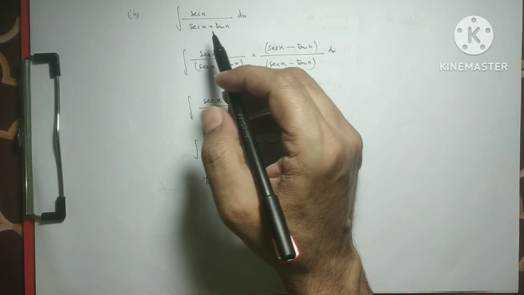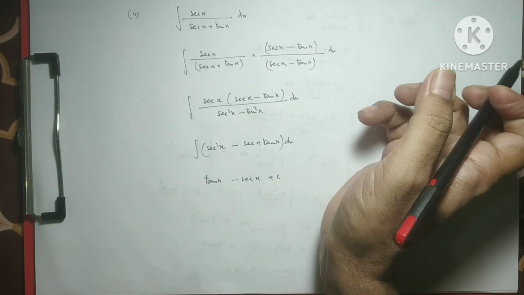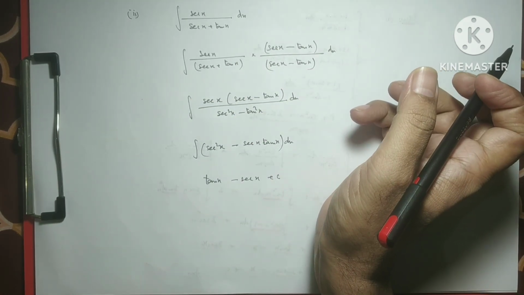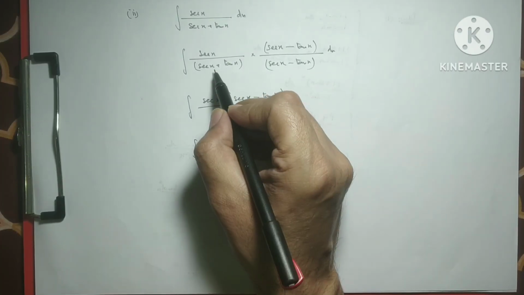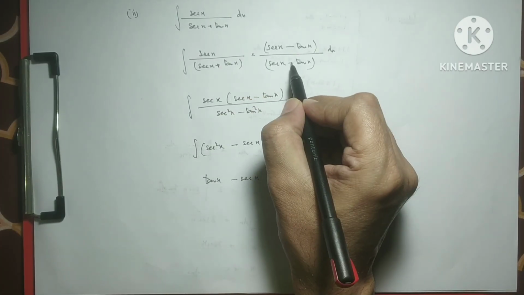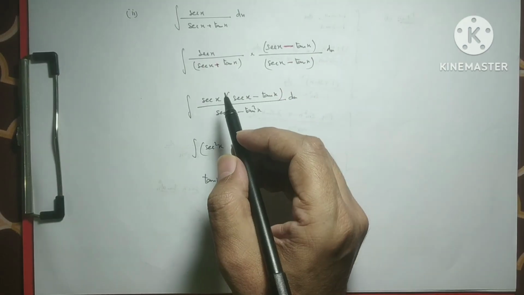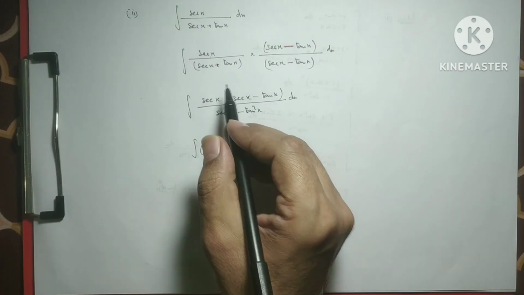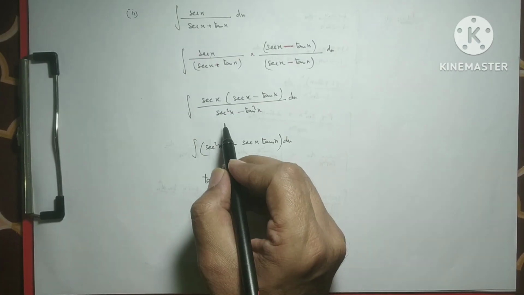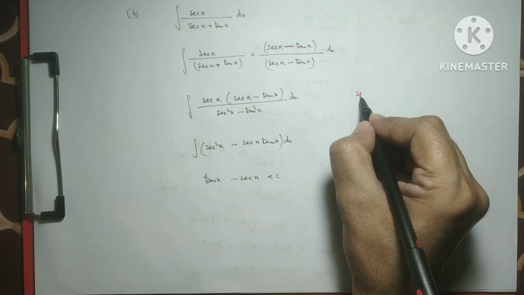Now we have another question: sec x over (sec x plus tan x). Right now we rationalize this denominator. If it is a positive sign, then we multiply and divide with the negative sign. So it is sec x into (sec x minus tan x) in the numerator, and in the denominator it is a square minus b square, sec square x minus tan square x, and we know its value is 1.